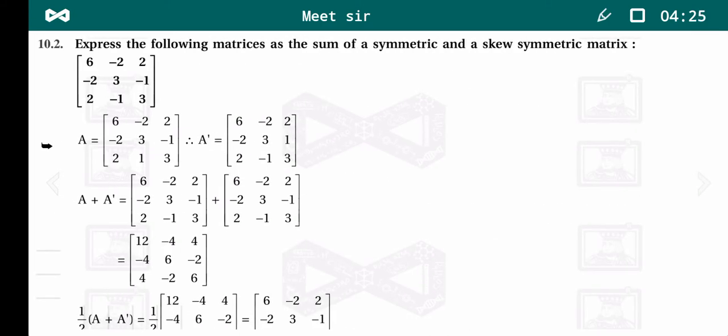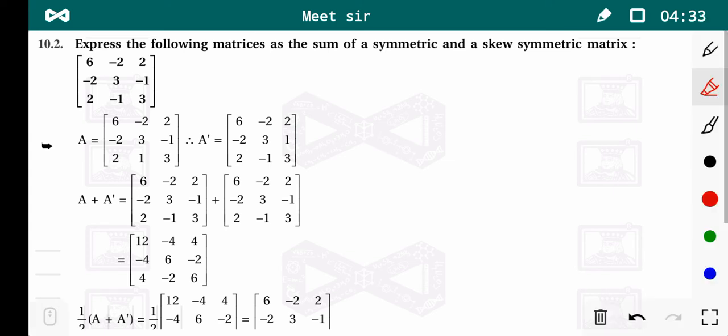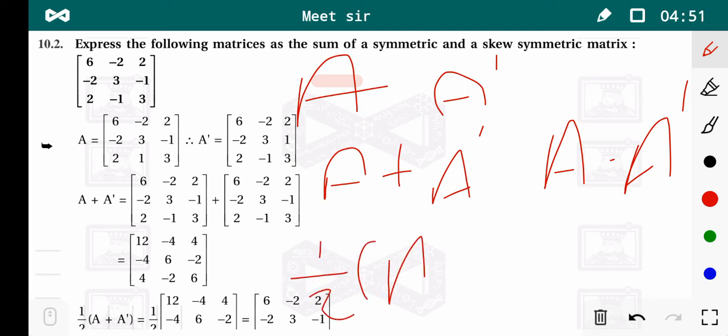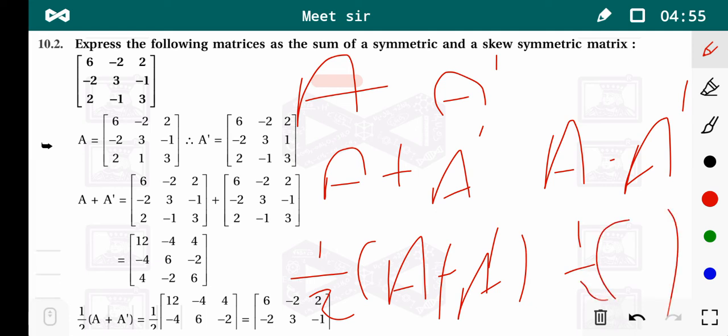Similarly, example number 10.2, here we have a 3 cross 3 matrix. Nothing to worry, we have to follow just a simple procedure. Name A to the given matrix, find A dash, then find A plus A dash, then find A minus A dash, then find 1 half (A plus A dash) and 1 half (A minus A dash).